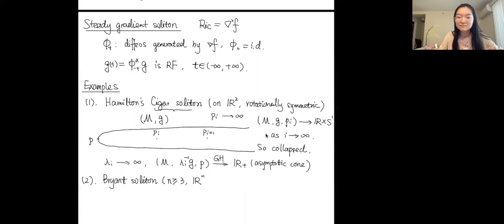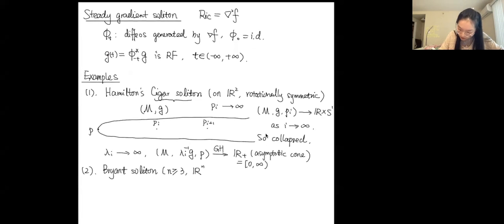It's a half line, so to speak. Yes, it's from 0 to infinity, 0 is closed. And the Bryant soliton is defined on R^m, and it is also rotationally symmetric.